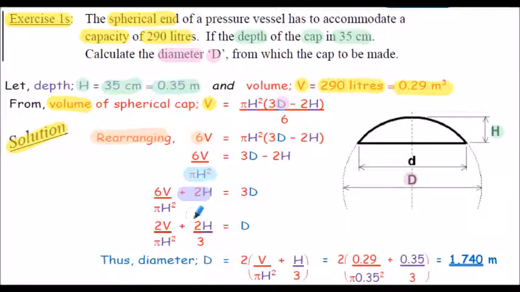So dividing both of these terms here by 3, the first term divided by 3, so that's 6 divided by 3 is 2, and the second term is divided by 3. That's now equal to diameter D. Noting that 2 is a common factor on the left hand side of the equation, we can state the final equation for diameter in this form here, with a common factor of 2. Inserting our values from above, the volume V is 0.29, the dimension h is 0.35, and evaluating diameter capital D is 1.74 meters.